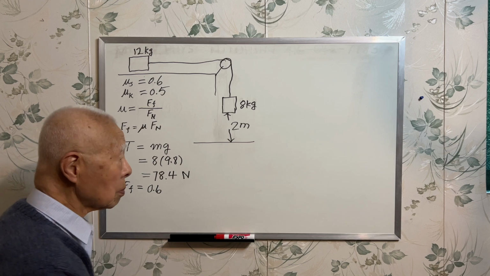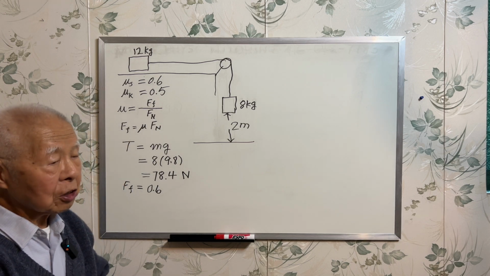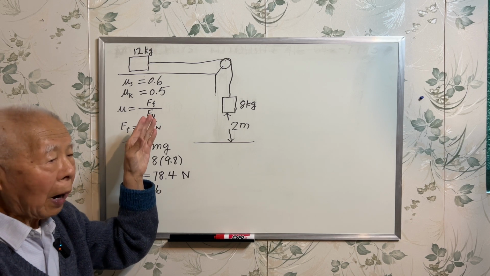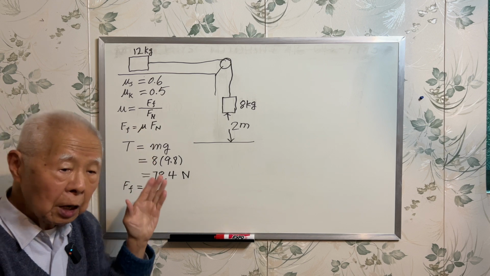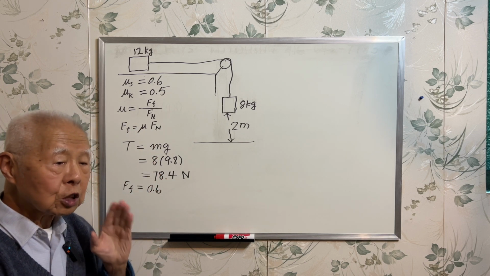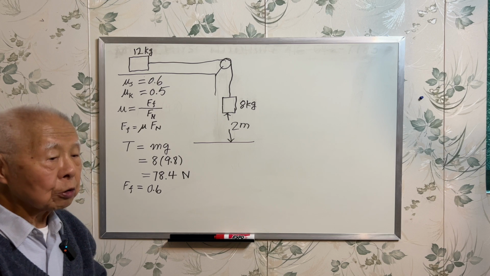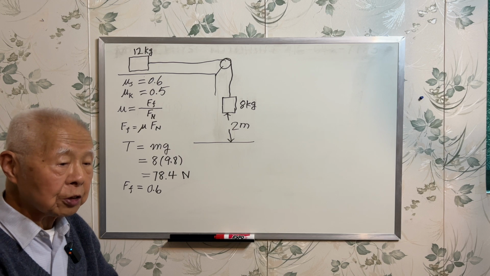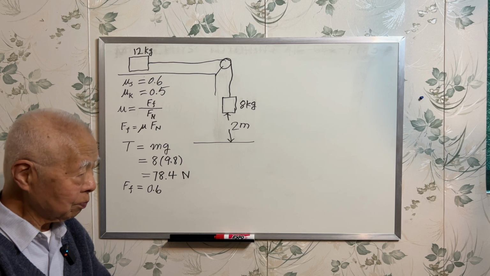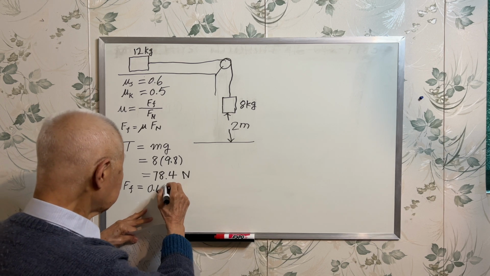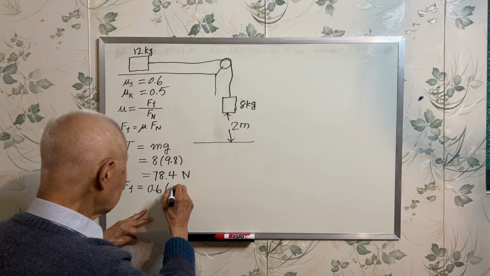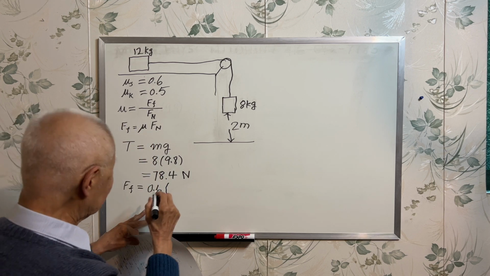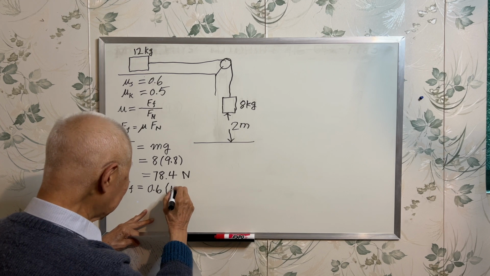times the normal force. As I said, the normal force is the force applied to the mass by the table, which is the force to support the mass. So this force is, of course, equal and opposite to the force of gravity. So this normal force is numerically equal to the force of gravity, numerically, okay?